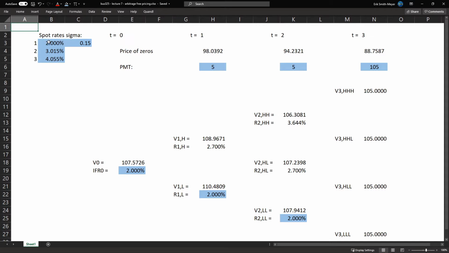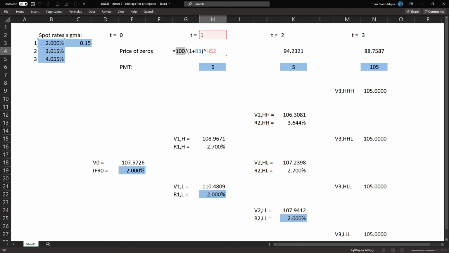So we have some data. We have the spot rates, and these spot rates you can find publicized, or you can derive them from zero coupon bonds. So we have some prices here, and I've just calculated the price of zeros.